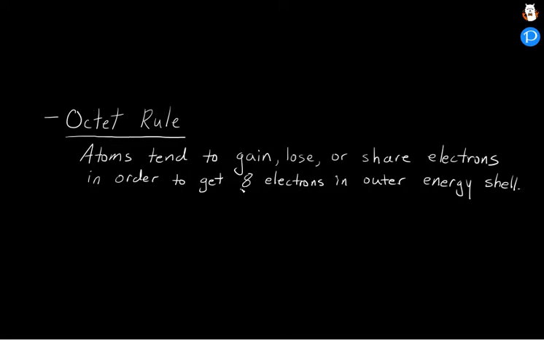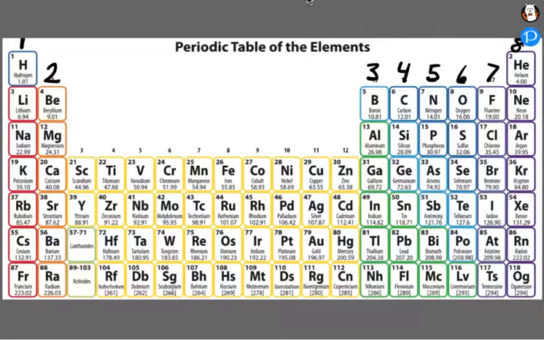We should make a quick note here. Remember that hydrogen and helium, for them to get a full outer energy shell, they actually only need 2 electrons. They don't need 8, they only need 2. But you can still think of that as their octet, based on where they're at in the periodic table.